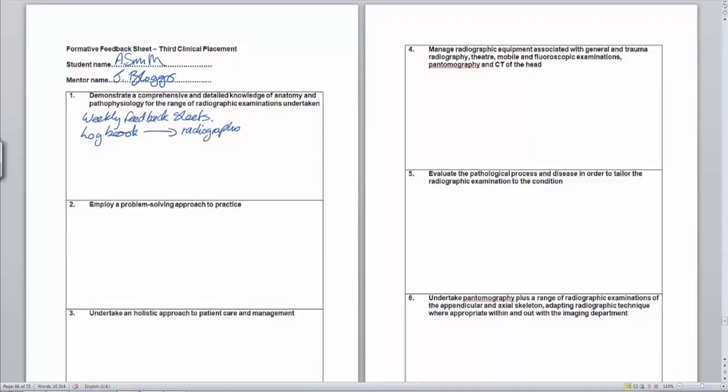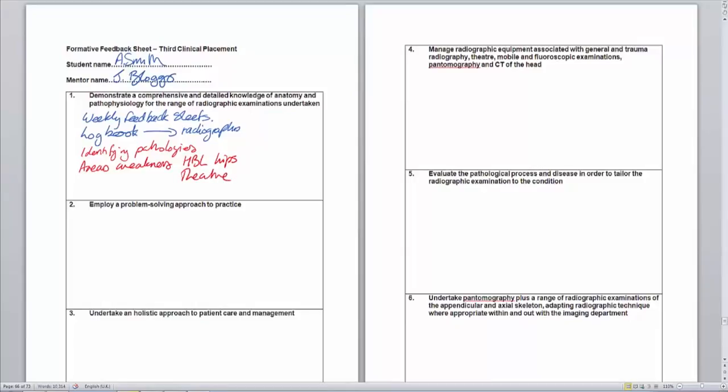So the sorts of feedback that you might want to put into this section could be things around identifying pathologies, any areas of weakness in this section, such as, I don't know, things like horizontal beam, lateral hips, those sorts of things, perhaps time in theatre.